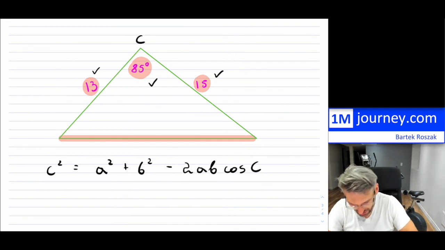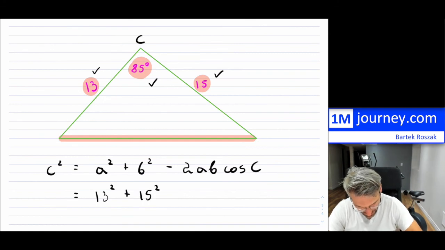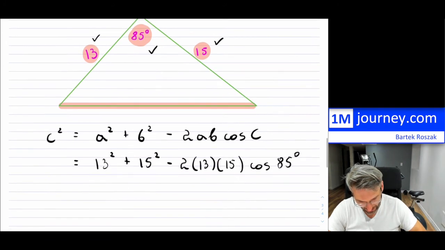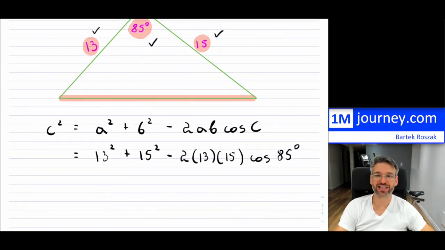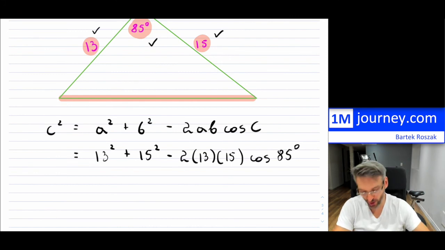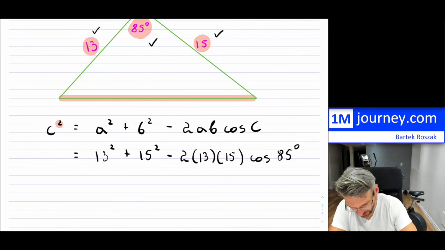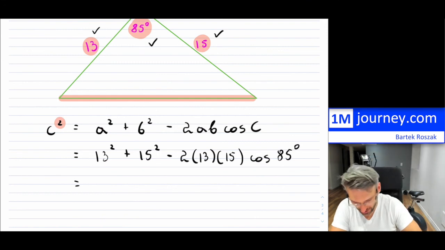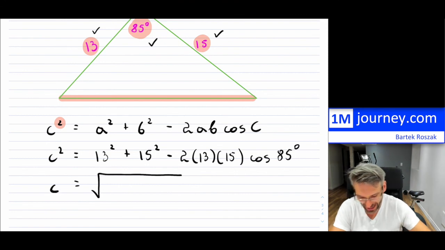Now if you substitute all of this in, it's 13 squared plus 15 squared minus 2 times 13 times 15 times cos of 85. And now you can compute it. From my experience, I always forgot that this is actually C squared. So once you find what this equals, don't forget to still take the square root in order to find the actual C.